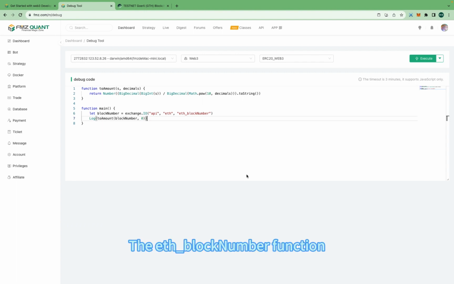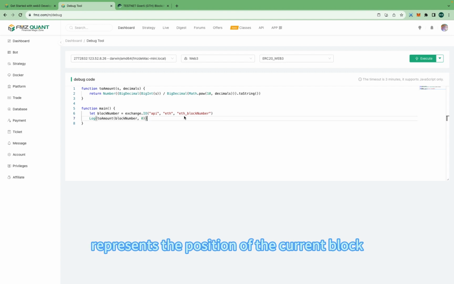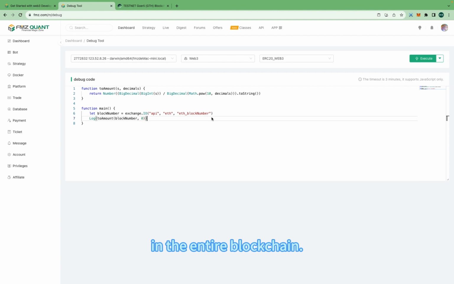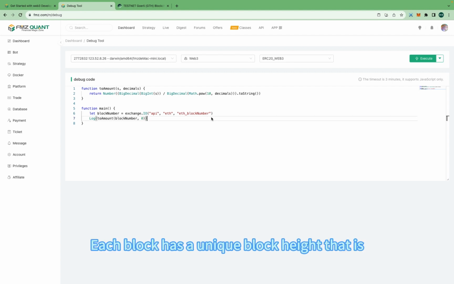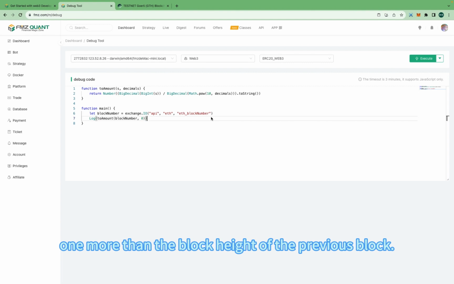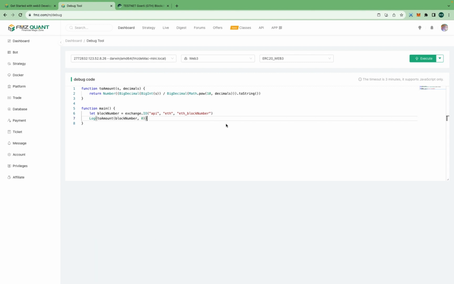The ETH block number function is used to get the block height. The block height is an integer value that represents the position of the current block. In the entire blockchain, each block has a unique block height that is one more than the block height of the previous block.